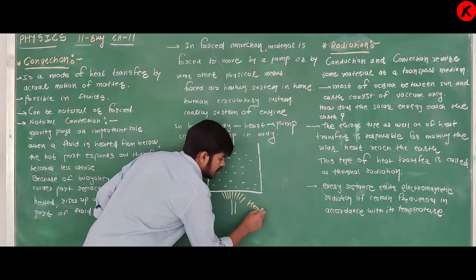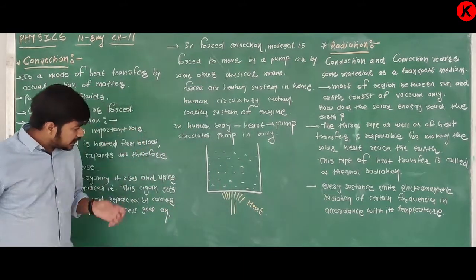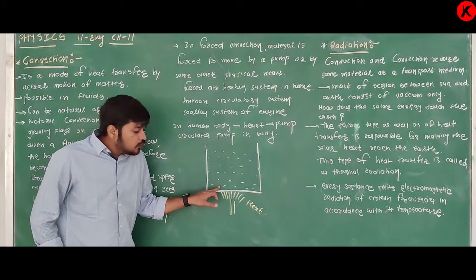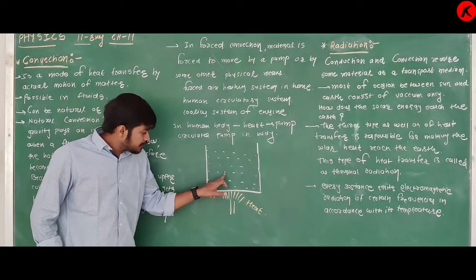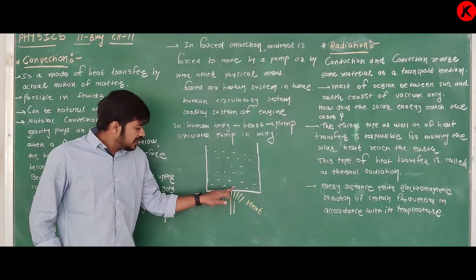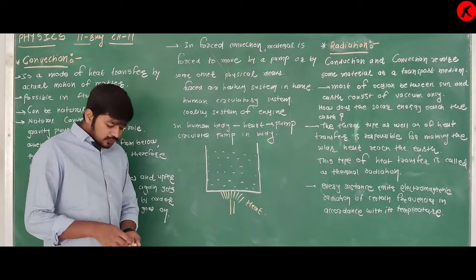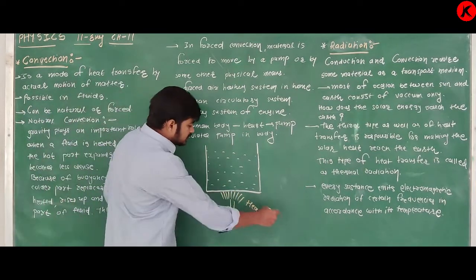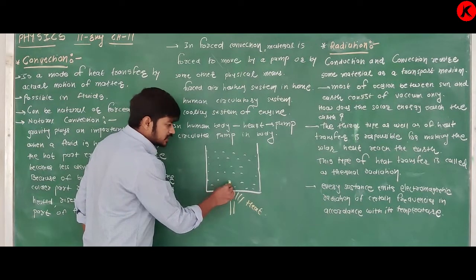what happens? Initially the lower part of this vessel is in contact with this burner, so obviously initially it will absorb the heat energy. So this lower part of fluid absorbs heat energy.